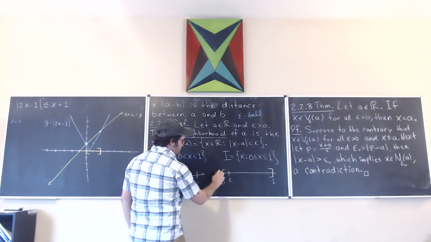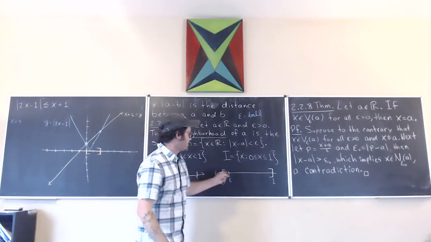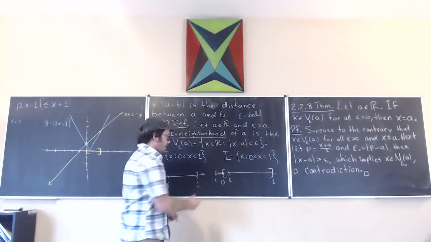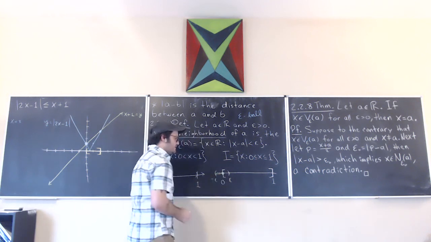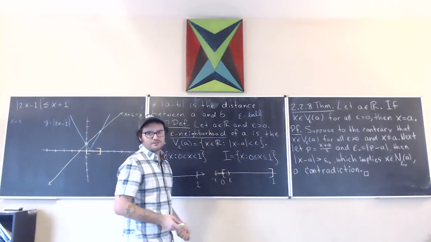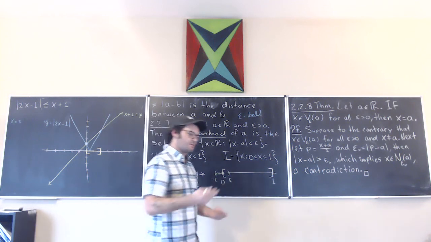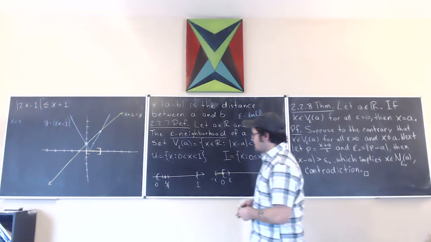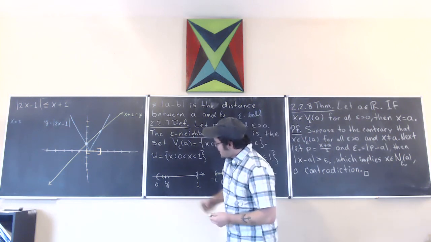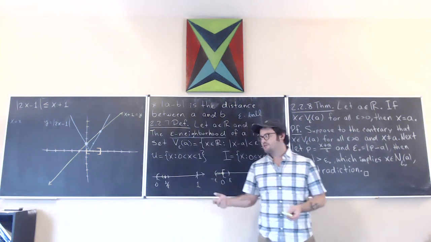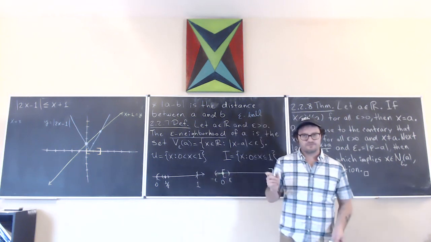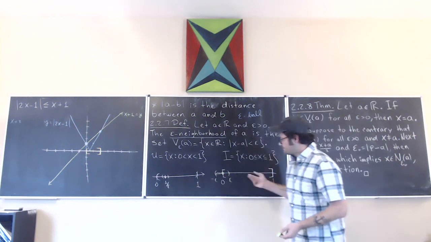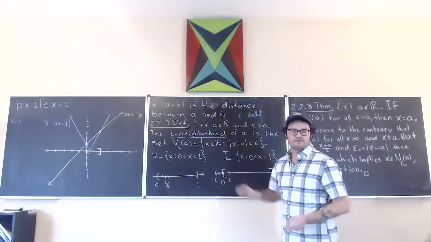So notice all of this business over here is not inside of I. No matter how small I try to make epsilon, it's always going to poke out a little bit. So it belongs to the set, and every epsilon neighborhood around that point sticks out of the set in question.